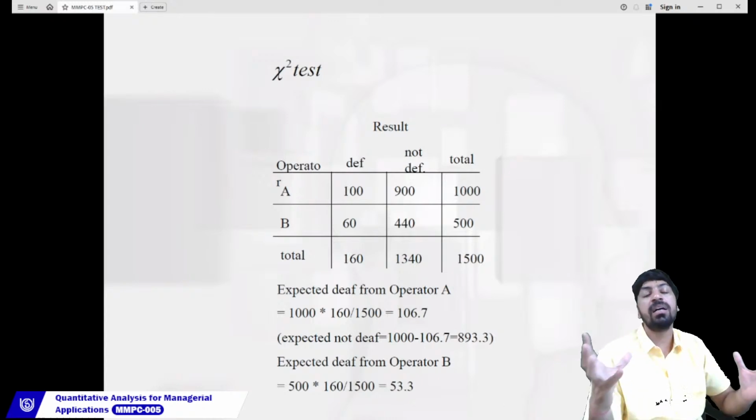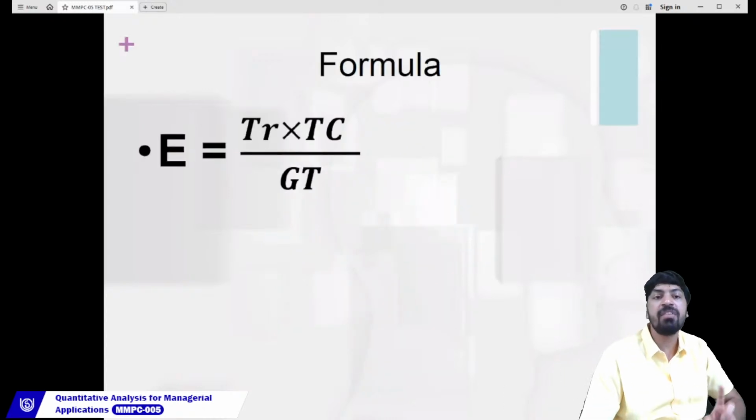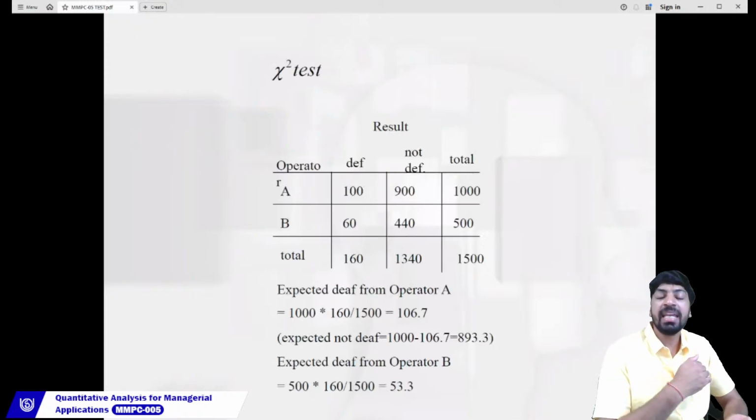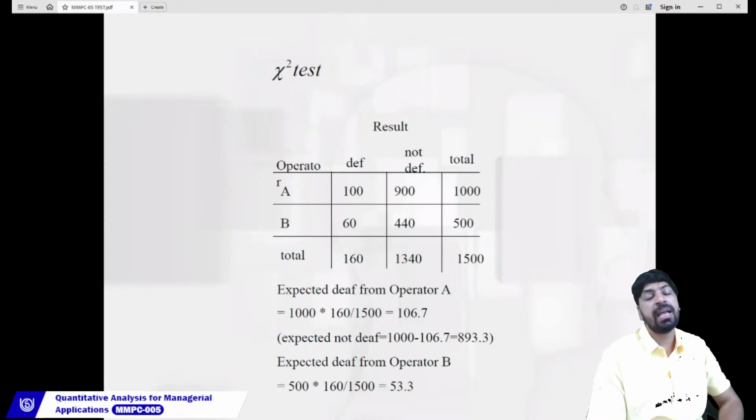So this is the formula. This is the main formula of calculating the expected frequency. So in each row and each column, you need to calculate the expected frequency of all four observed frequencies.